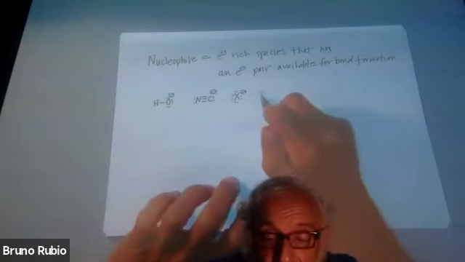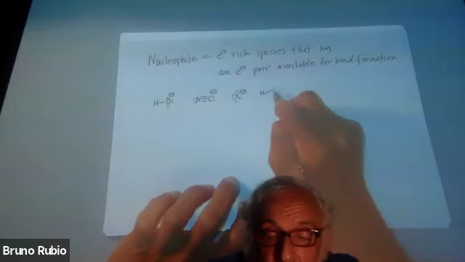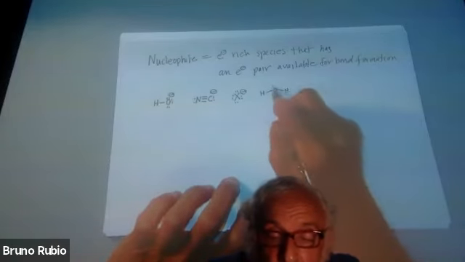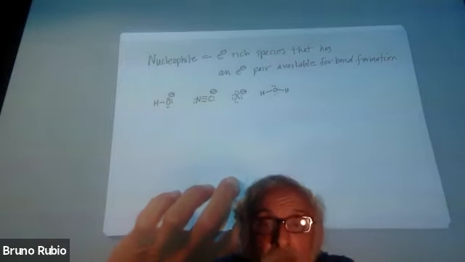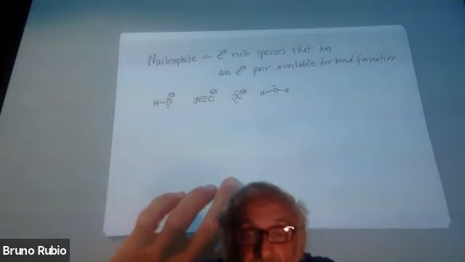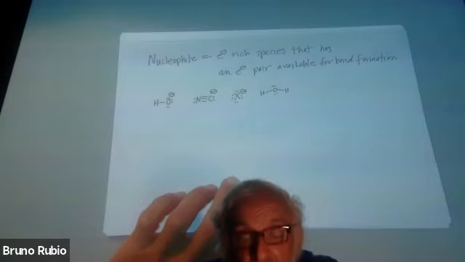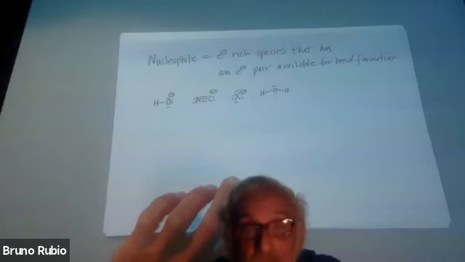So a very important example of a neutral nucleophile would be the water molecule. Right, it doesn't have a negative charge on it, but it's still a nucleophile because that oxygen atom has an electron pair available for bond formation, and that oxygen atom is electron rich. It has these unshared pairs of electrons on it. So that's a neutral nucleophile. Nucleophiles can be negative, they can be neutral, but they can never be positive.